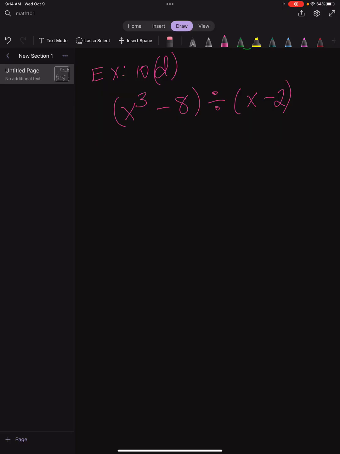So to set up x cubed minus 8 divided by x minus 2, remember I'm going to take this number without the minus sign. So if it was plus, it would become minus, but it's minus, so it becomes plus. And then I'm going to take the polynomial that I'm trying to divide out and put all the coefficients. Well, the coefficient of x cubed is 1. The coefficient of x squared is 0 because there are no x squared terms.